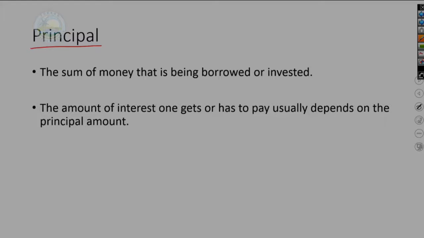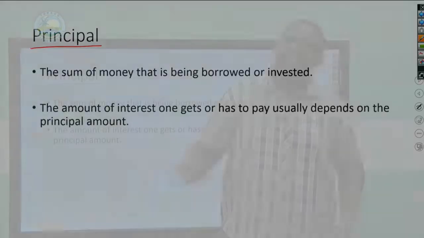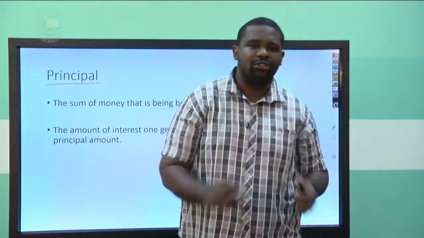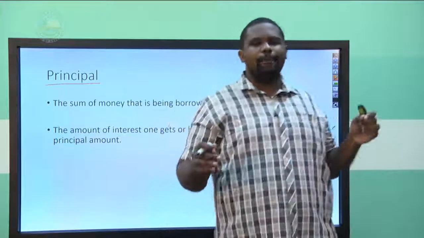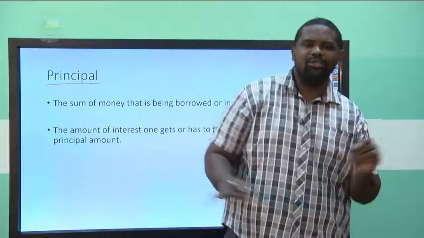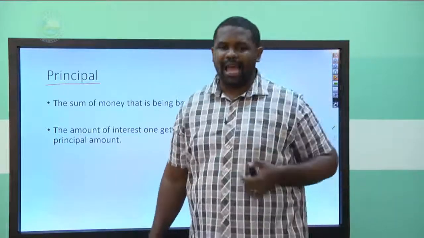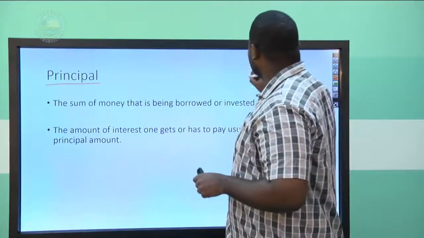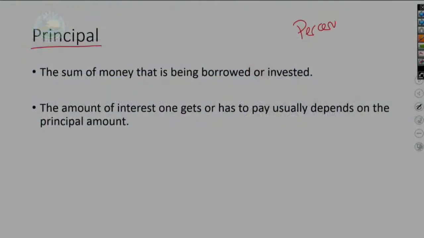So if I lend you $10 and you give me back 11, and you ask me for $100, how much are you supposed to give me back? 110. That is generally what happens, because interest is not a fixed amount. It's not going to be $1 or $2 or $5 or $10. More times than not, interest will be a percentage of the principal amount.